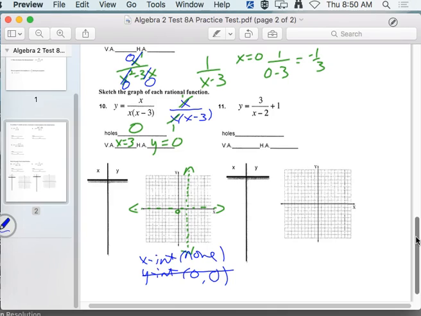So we really just grab the graphing calculator at this point and we see, hey, what does this thing look like? So I suppose I better grab some graphing calculators while you guys are using yours.